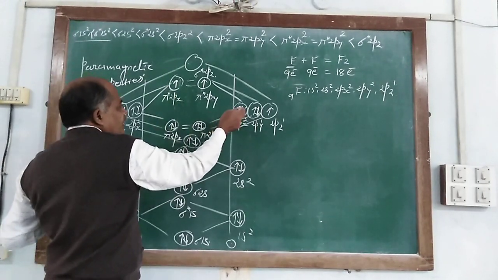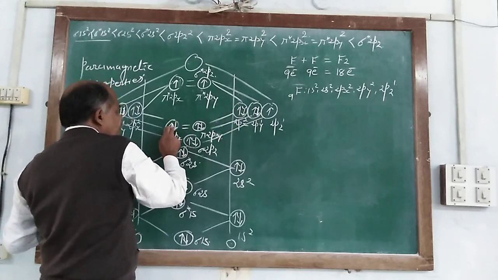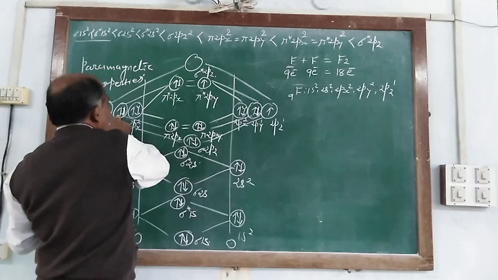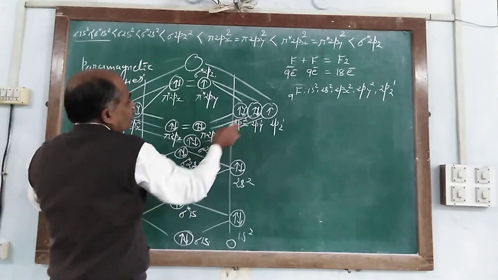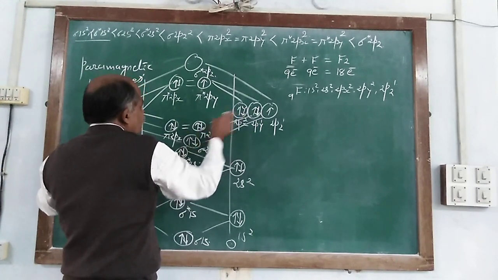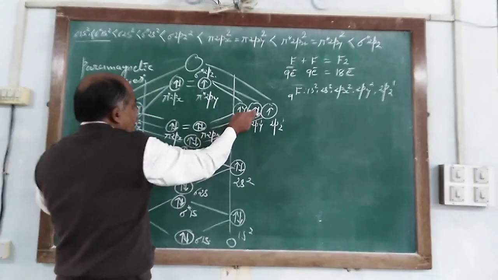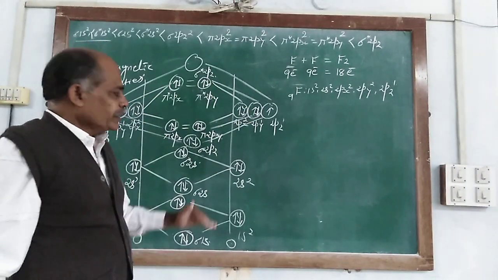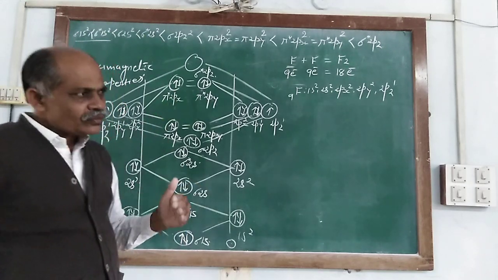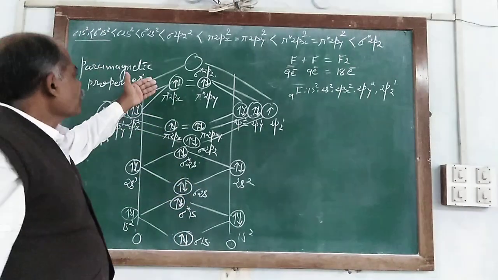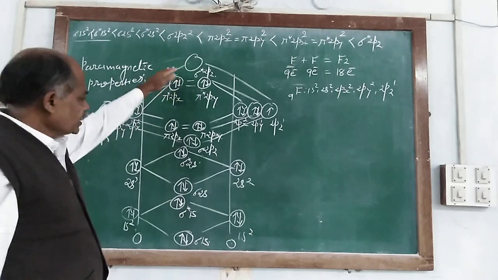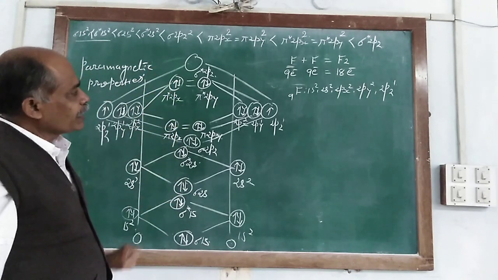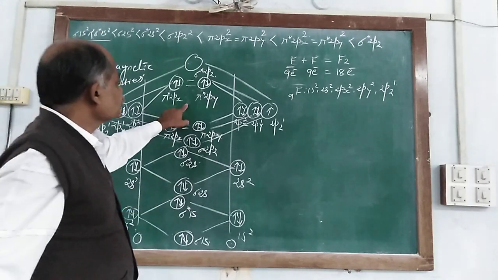So we assign the molecular orbital diagram for the fluorine molecule in this way.